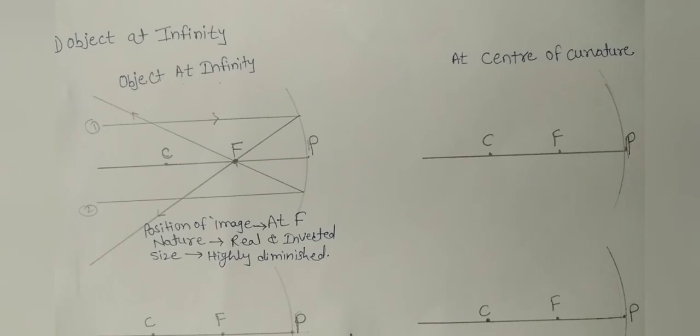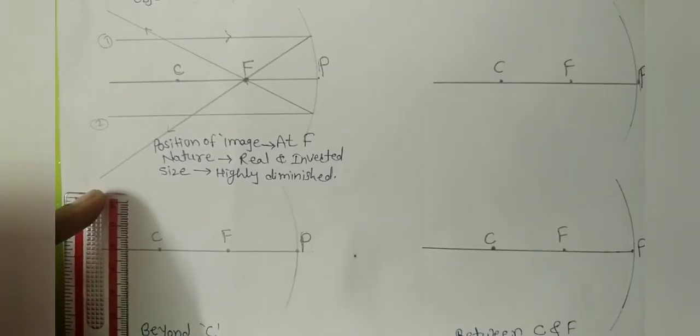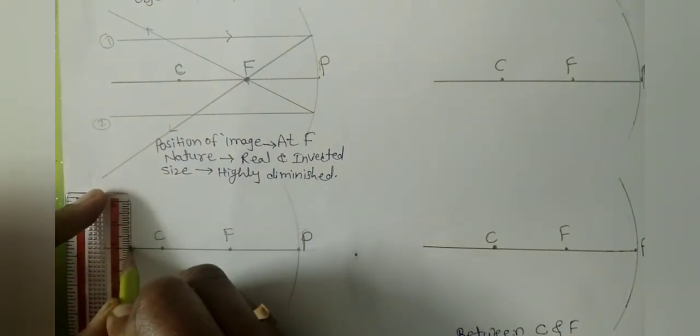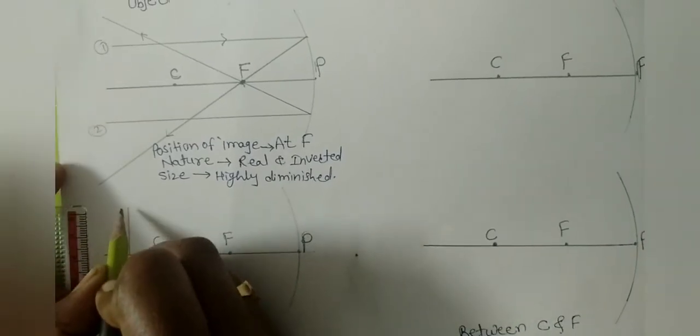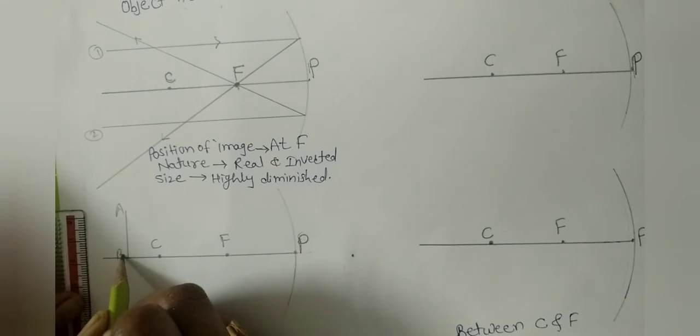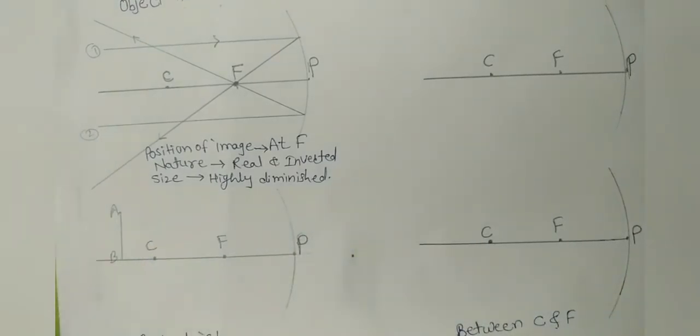Now let's talk about the second case. See, when the object is placed beyond C, here the object is placed perpendicular to the principal axis. We will consider here this object AB, which is placed beyond C at finite distance.